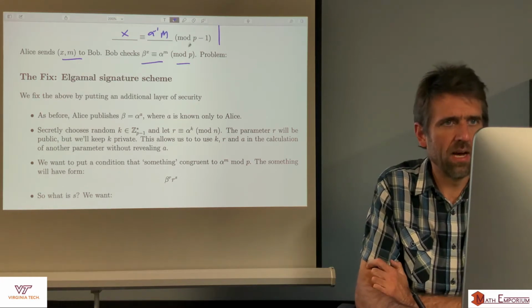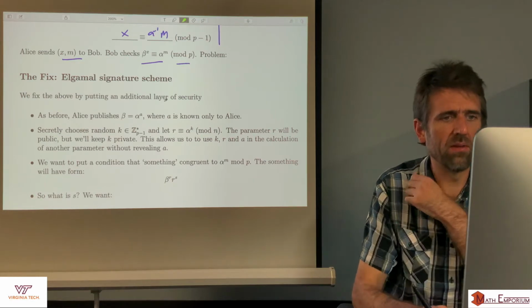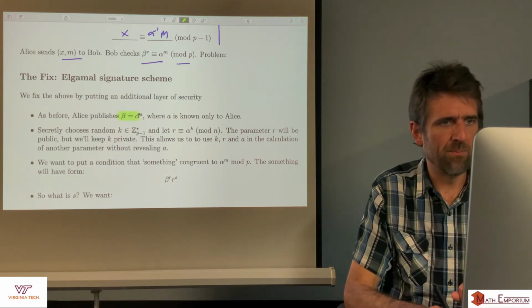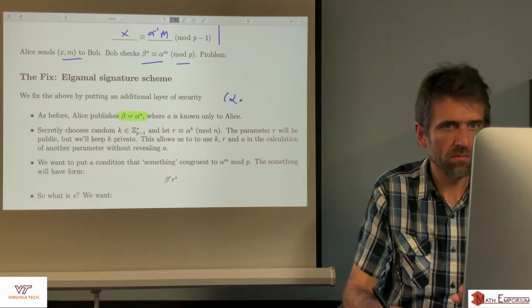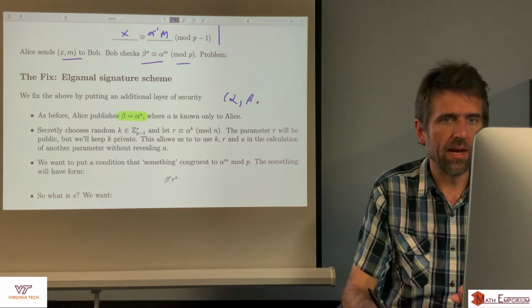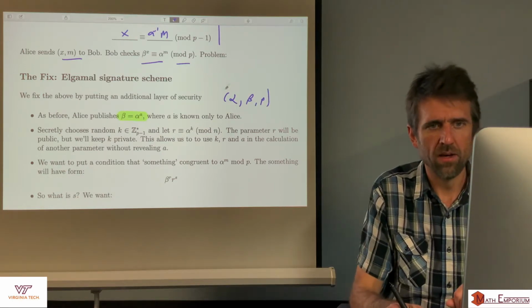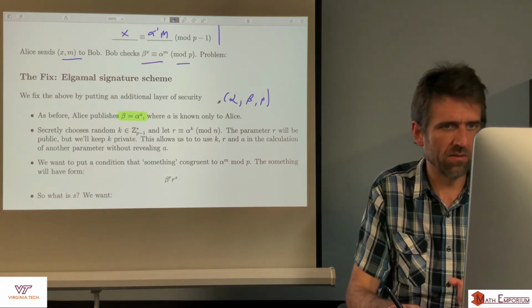Okay, so again, Alice is going to set up this discrete log problem in Z mod P star. Again, she publishes alpha, beta, and the prime P, where beta is congruent to alpha to the a, and a is a secret parameter known only to Alice.